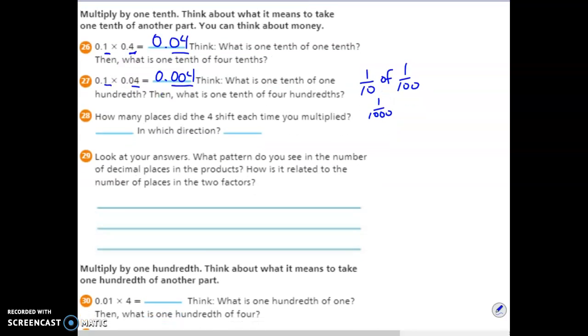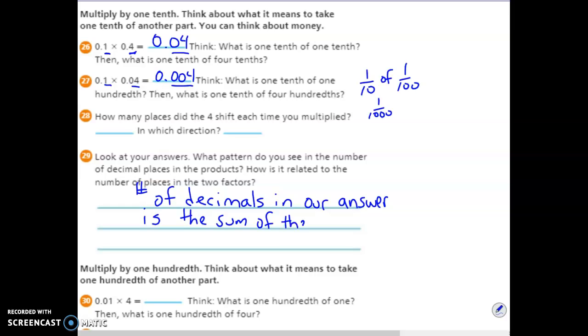Okay, so looking at our answers, what's the pattern? The number of decimals in our answer equals, or is the sum, of the decimals in the numbers we're multiplying together.